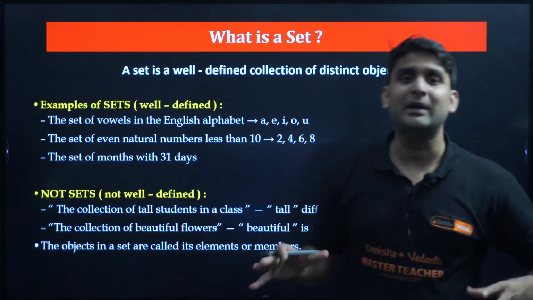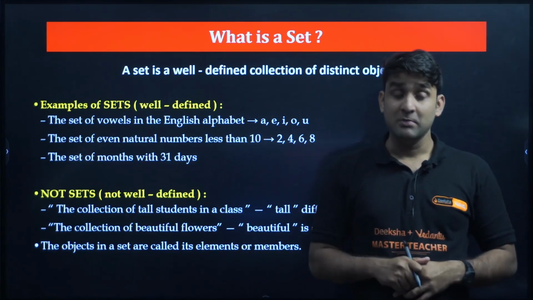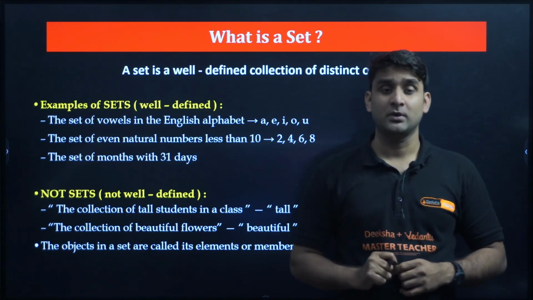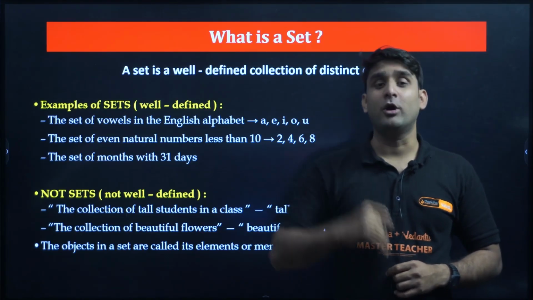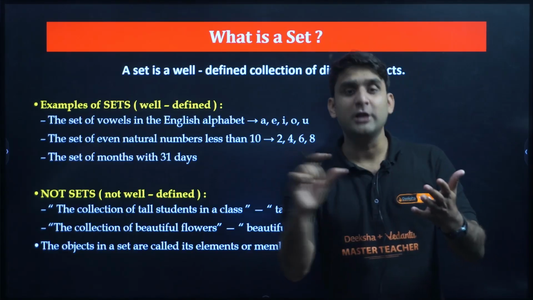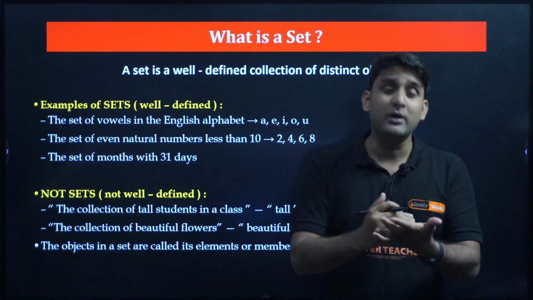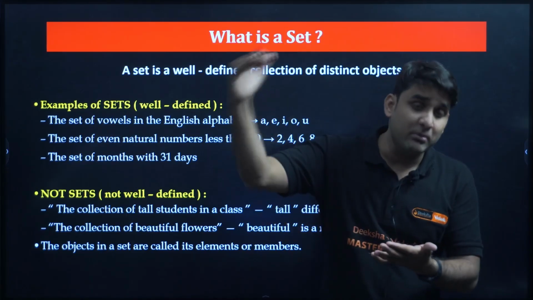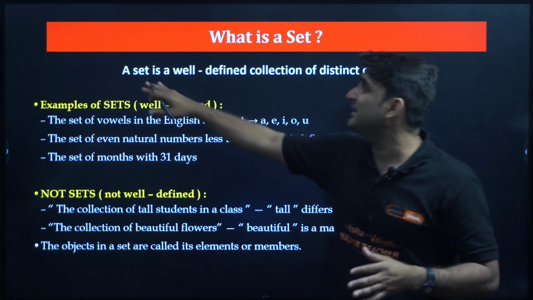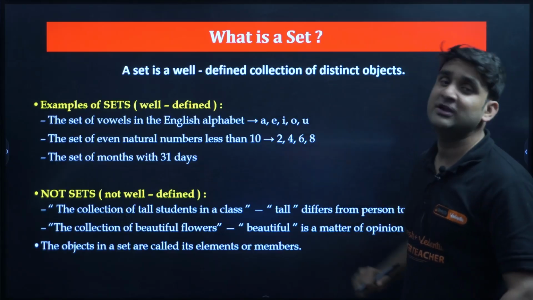So you can't write top footballers of the world. But if I give you the condition, top 10 footballers who scored maximum goals, now you can write their names. So basically a set is a well-defined collection of distinct objects.